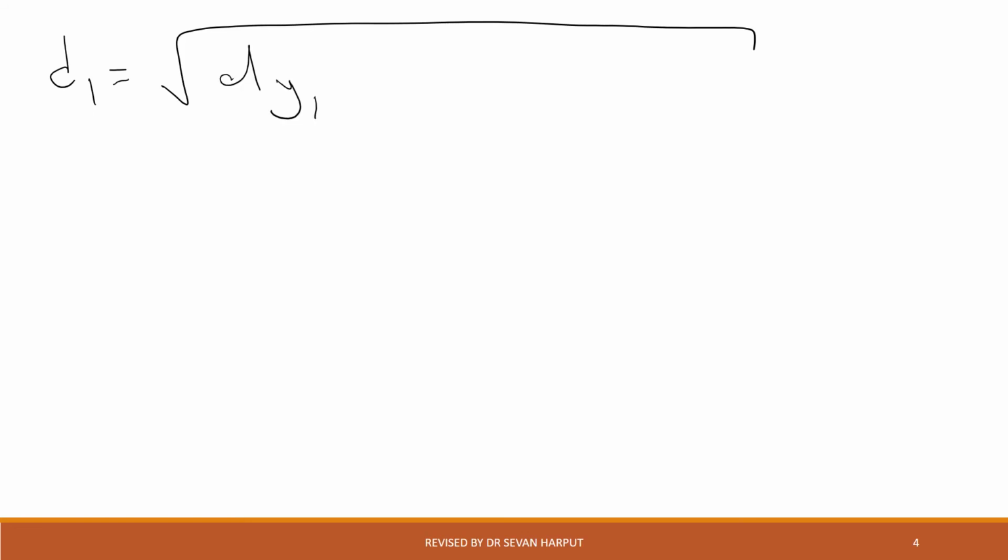It's going to be much easier to write. Let's call this d1 equals, we're going to do a big square root, and then it was dy1 squared plus dx1 minus xv squared. Okay, that's quite nice, but we need to use this distance information as a part of the wave propagated from the transmitter.